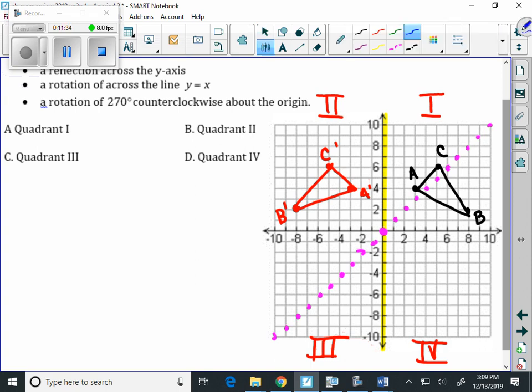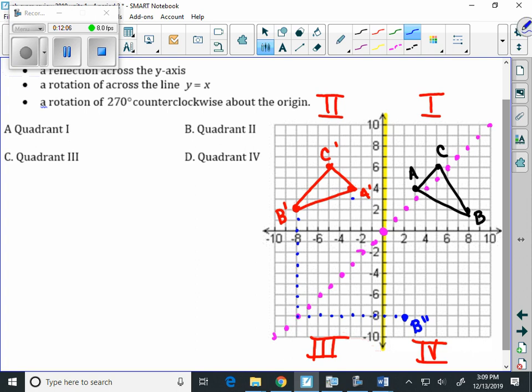When we draw this here, I'm looking at the red triangle now. And what's going to happen is I'm going to count. I'm going to start with B. 1, 2, 3, 4, 5, 6, 7, 8, 9, 10. There's our new B.